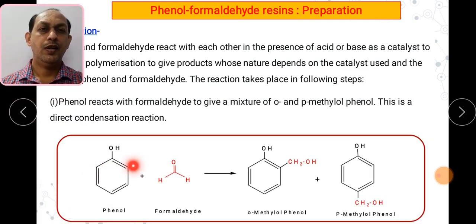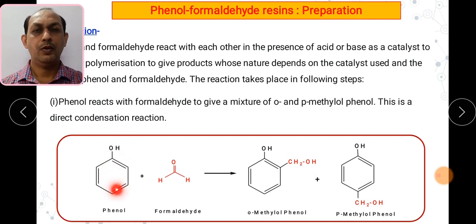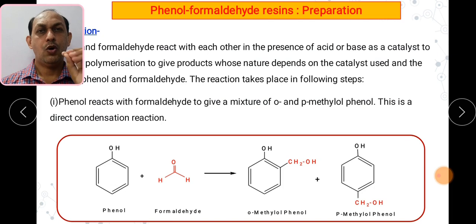So phenol and formaldehyde react and they form the orthomethyl phenol and paramethyl phenol. As we know that this particular phenol OH group is electron donating, so it is ortho and para directing. So you will get a mixture of ortho product and para product by reaction of formaldehyde and phenol.